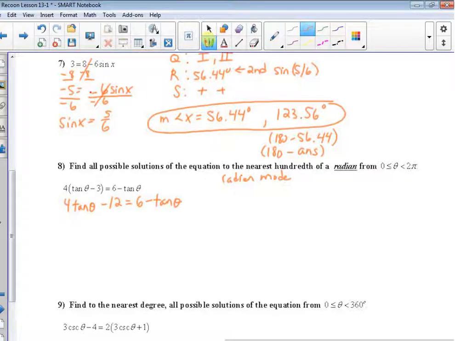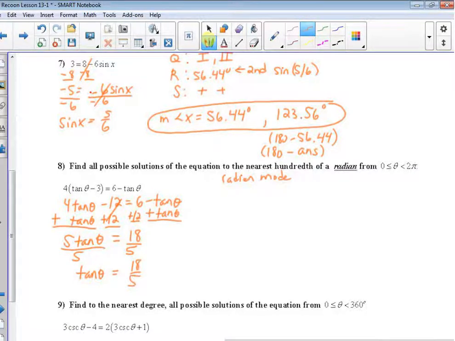Then I'm going to add tan theta to both sides, just like it's an x, and I'm going to add 12 to both sides. So I get 5 tan theta equals 18, and then divide by 5. So tan theta is equal to 18 over 5, and I'm just going to leave it like that.